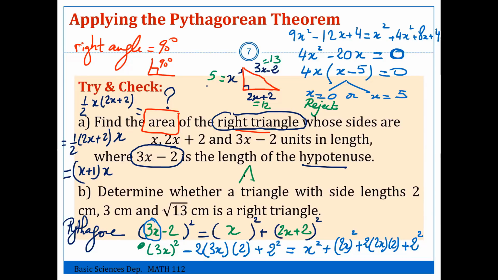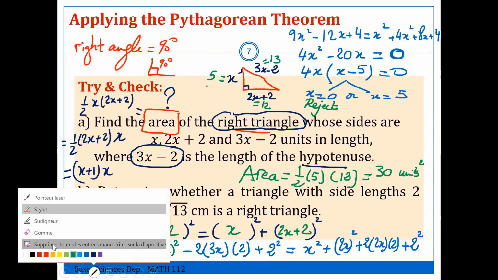So finally, what is the area of this triangle? We said it is half times 5 times 12, base times height. So 30. It didn't give us the unit, so units squared, area is squared. The whole idea is using Pythagoras to find the different lengths of this triangle.